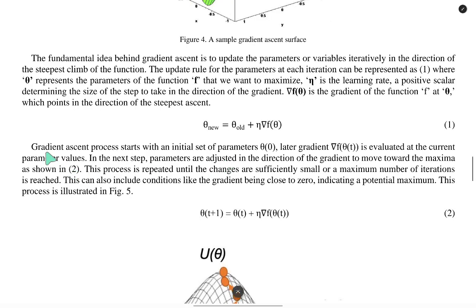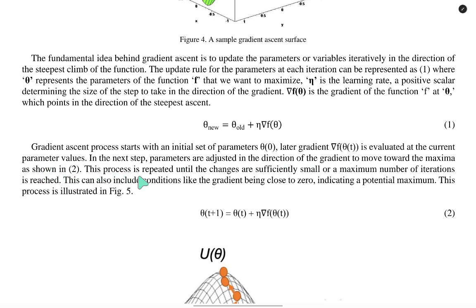The gradient ascent process starts with an initial set of parameters, theta 0. Later, the gradient delta f theta t is evaluated at the current parameter values. In the next step, the parameters are adjusted in the direction of the gradient to move forward to the maxima, as shown in Figure 2.